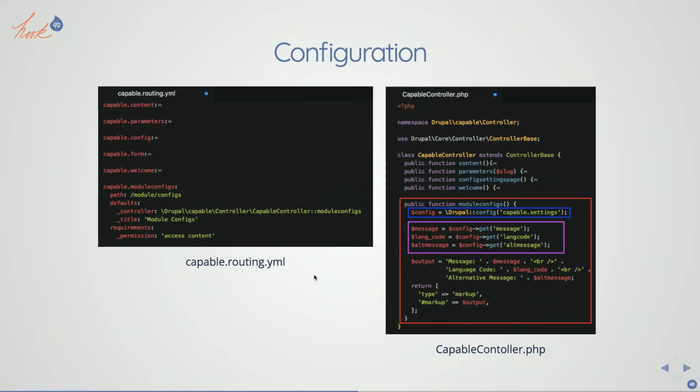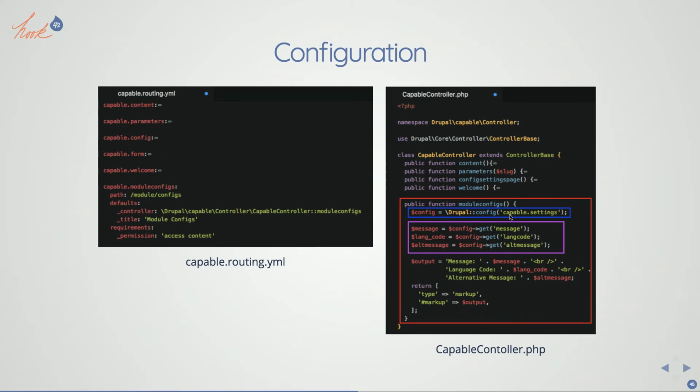So what we're going to do is leverage that config that we just set, and we're going to just print it out to make sure everything's talking to everything. We have our path, which is when you go to module/configs. We're going to call the controller of module configs, and let's take a look at it. We have module configs on the right, and we have to pull in configs this way.